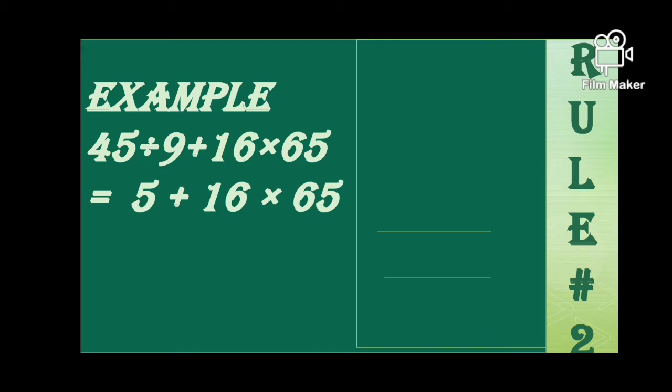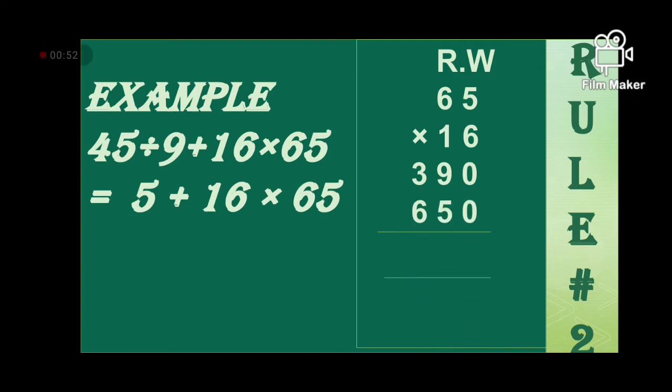When we multiply 65 by 16, 6 5s are 30, 6 6s are 36 plus 3, 39. Then 1 5 is 5, 1 6 is 6, and when we add them, we will get 1040.